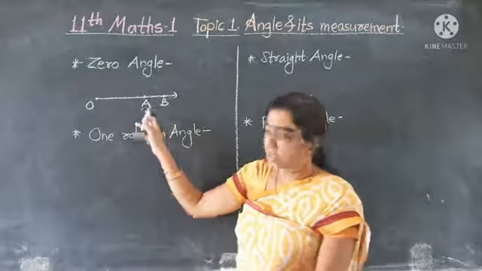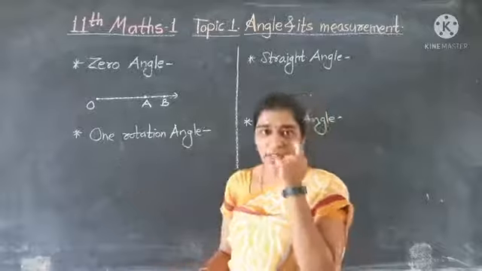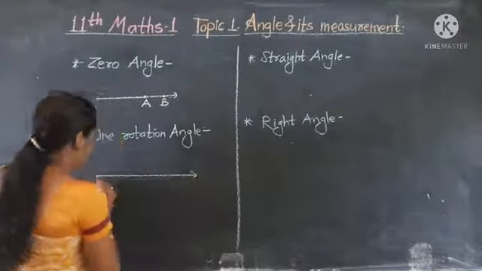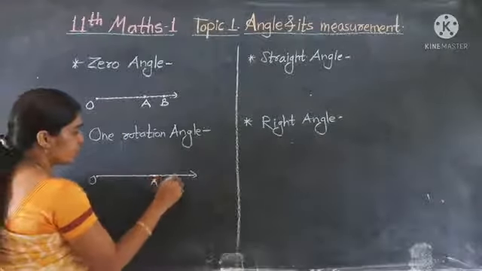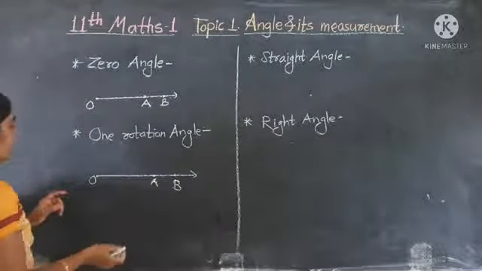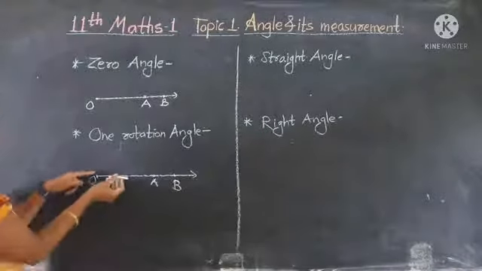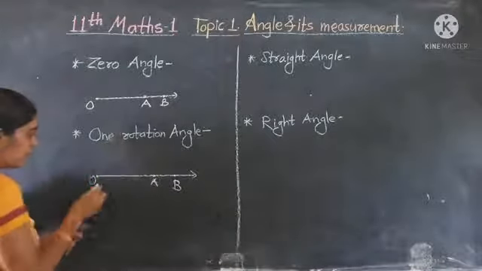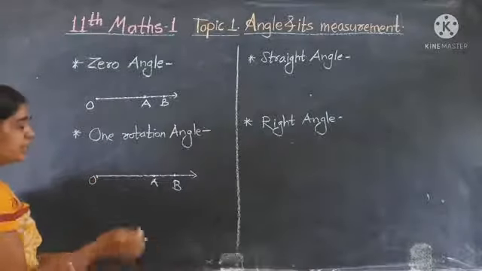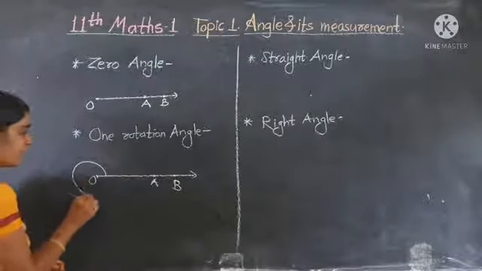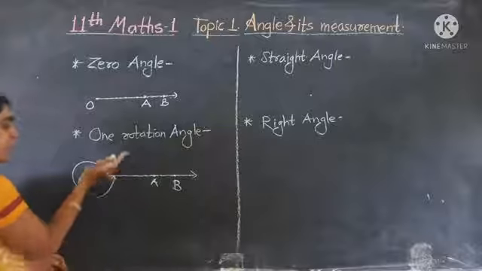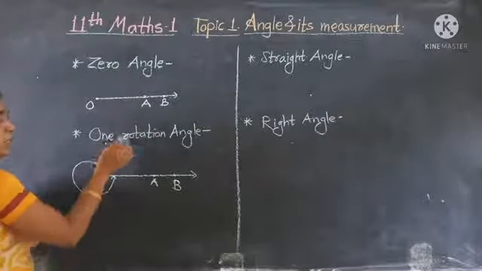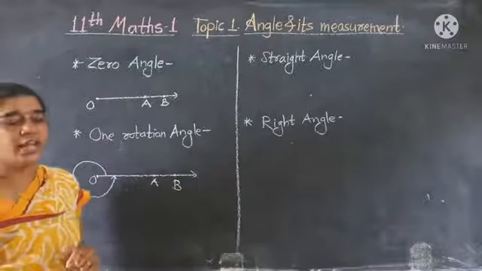Okay. Then one rotation angle. What is the difference between zero rotation and one rotation? In one rotation, if OA is the initial arm, it rotates in such a way up to position OB. This is called a one rotation angle.